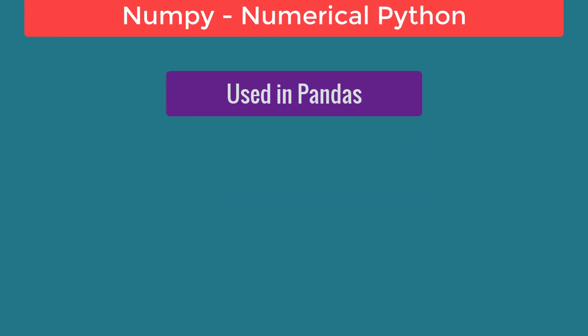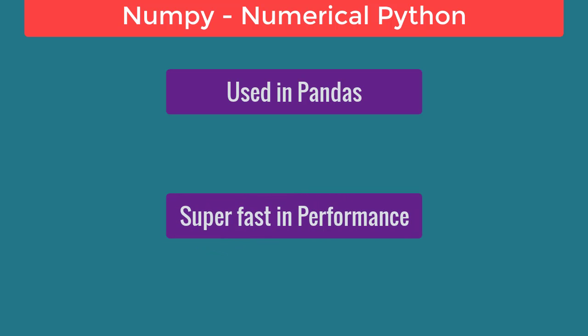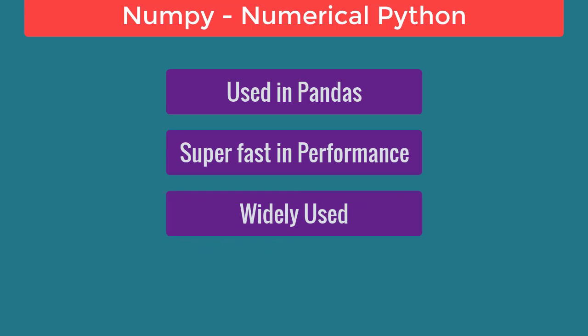There are several reasons why you should be learning NumPy. First, because it works close to the hardware, that's why it is super fast in performing computations on numerical data. It's also widely used in scientific computations, so learning this will give you an edge if you are working in the scientific field.